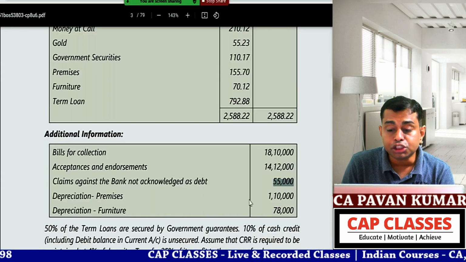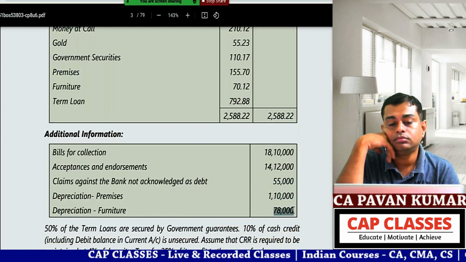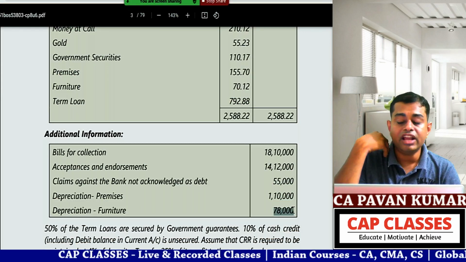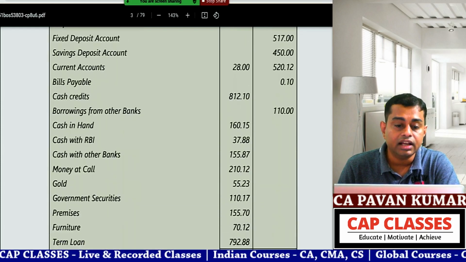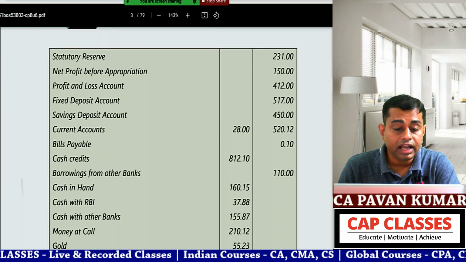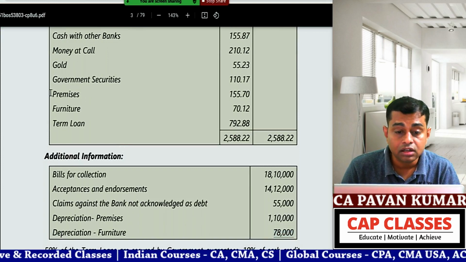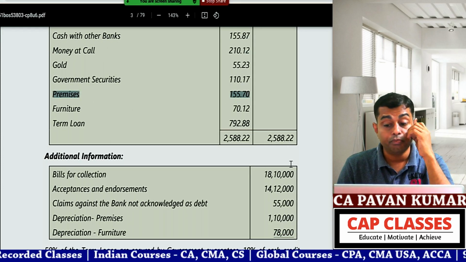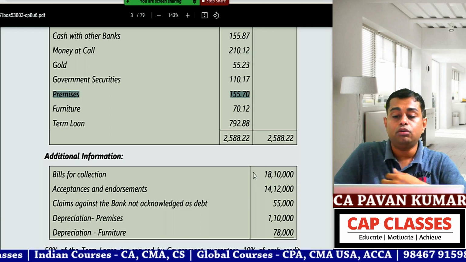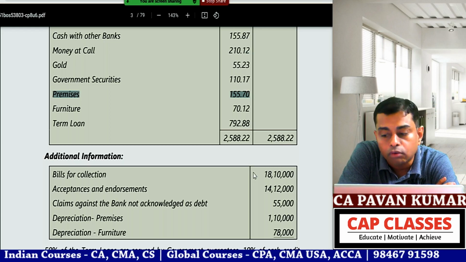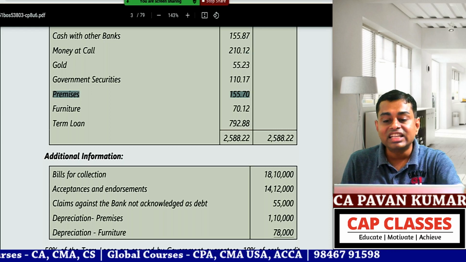Next, depreciation on premises 1 lakh 10,000. Depreciation on furniture 78,000. We have to subtract from total cost, sir. See, here they have given premises 155.70. Should I subtract 1 lakh 10,000 from 155.70? The answer is no, because 155.7 is given in your trial balance.